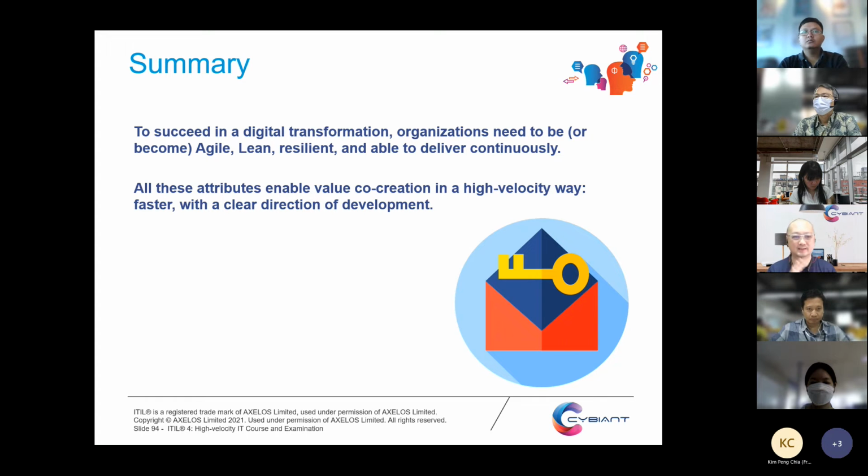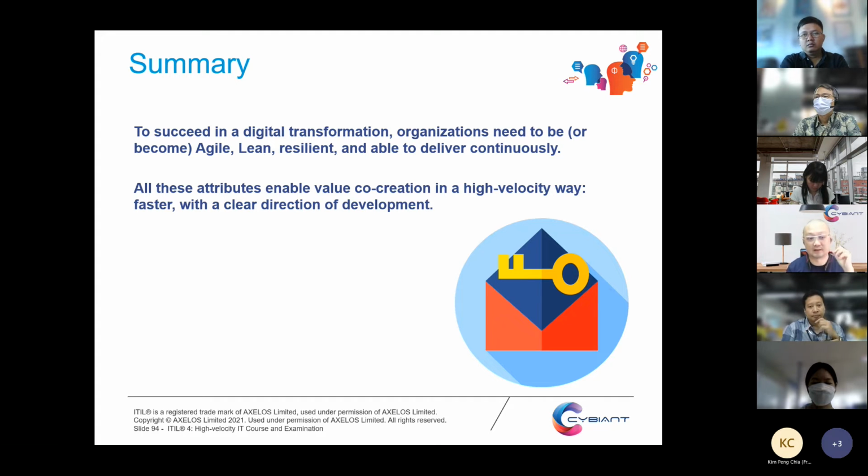All right. Summary. Basically, we're saying that if we want to have a high velocity IT, we need to learn, apply, or adopt in our organization things like agile, lean, and resilient. These are the basic things that we need to do. Why?